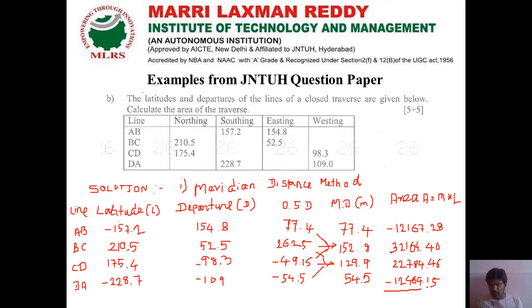So now, by adding all these values along with their signs, minus 12,167.28 plus 32,164.4 plus 22,784.46 minus 12,464.15, it gives the answer of 30,317.43 meter square.